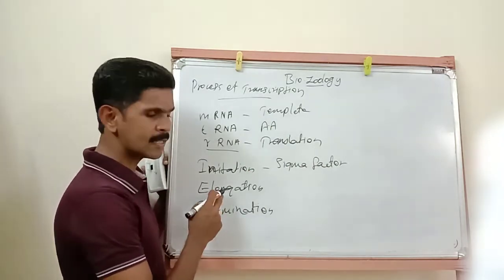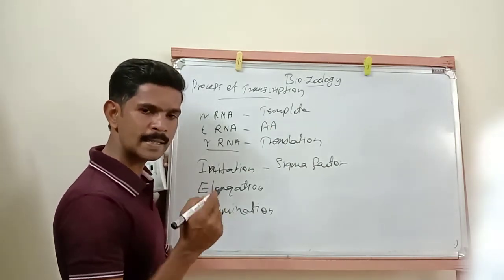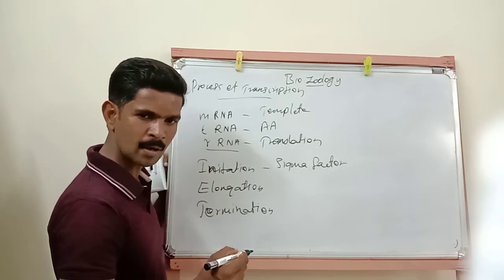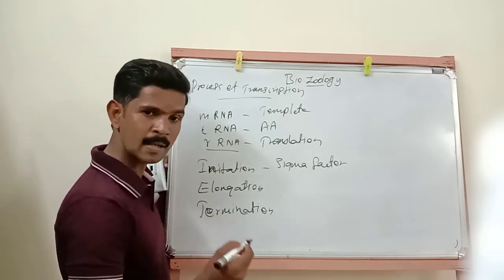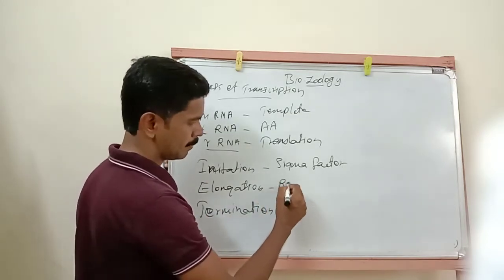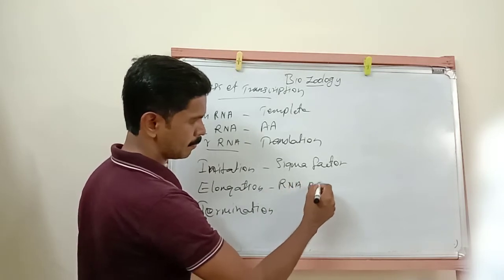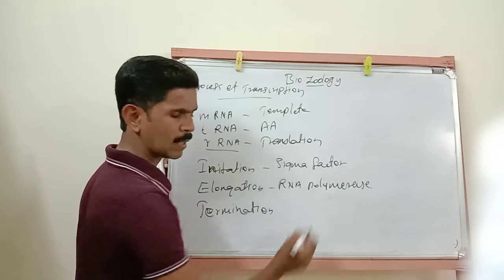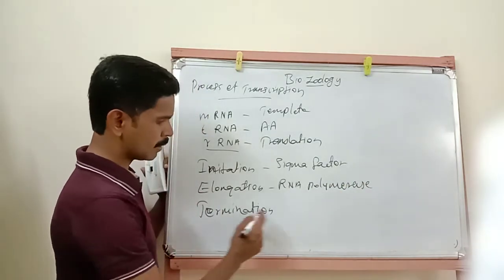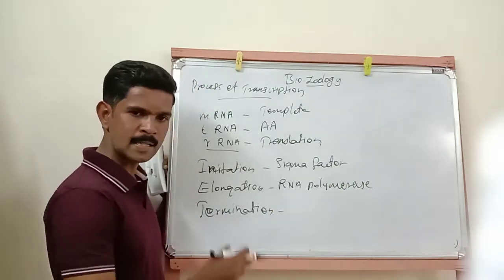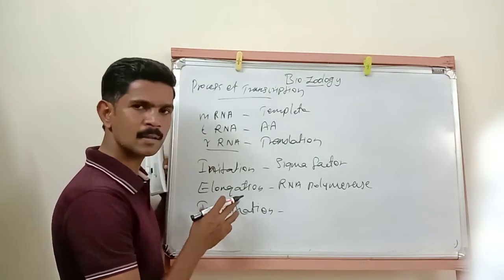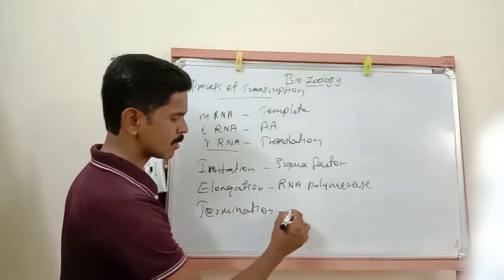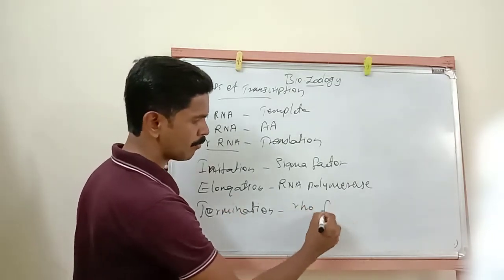This elongation process is controlled by an enzyme called RNA polymerase. The third one is termination. This termination is controlled by a factor called rho factor.